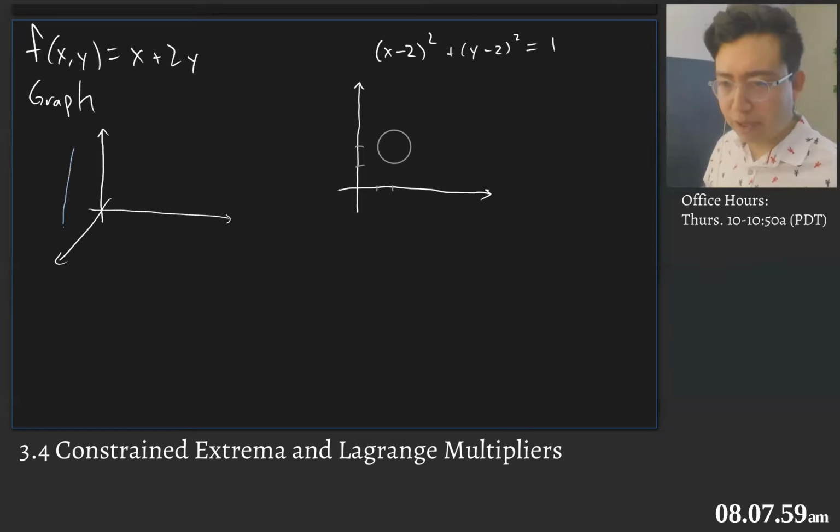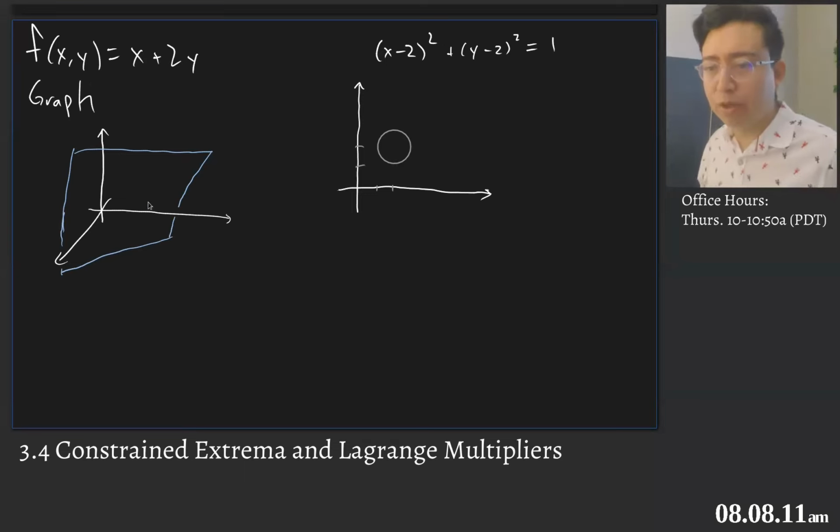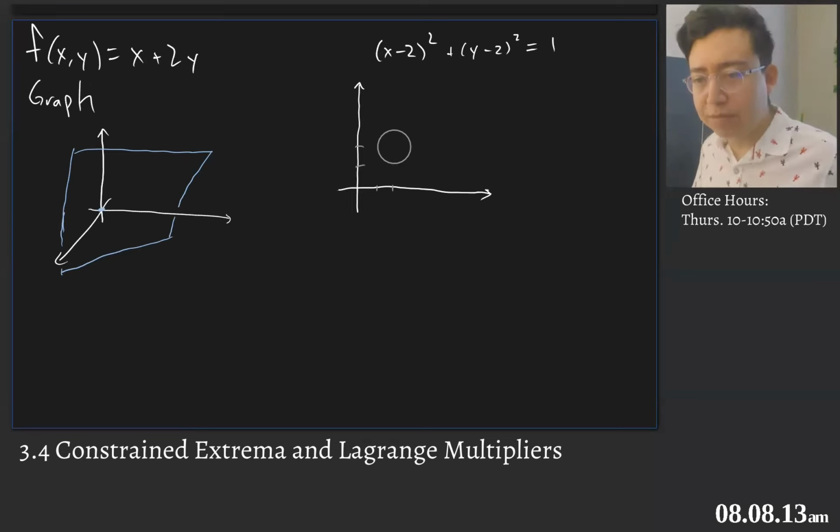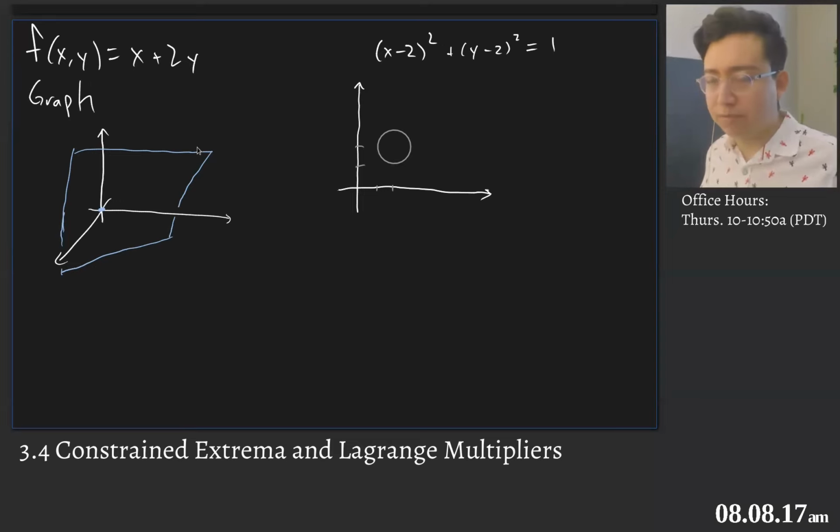I'm not going to draw the angle very well, but it's going to be something like this. Okay, so a plane, something like this. This one happens to go through the origin, happens to hit this point here, but you get something like this.